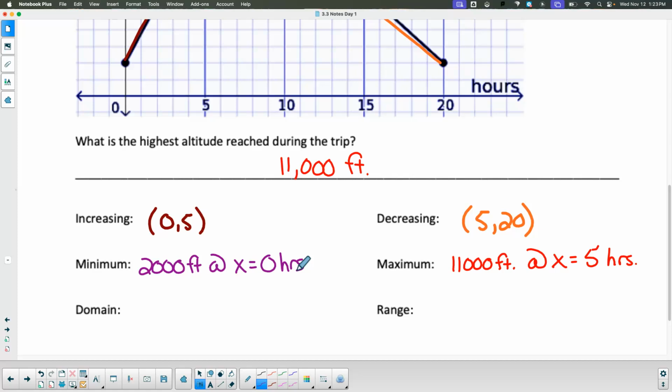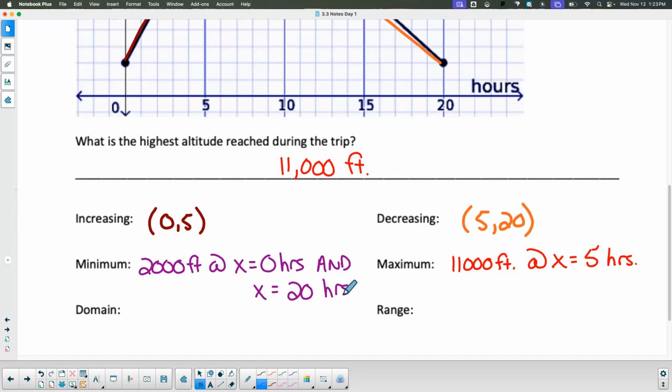Because it's both at both of them, it's 2,000 feet, which also makes sense because if you're going up a mountain, you're probably going to come back down to the same spot, right? Okay, so this would be 2,000 feet at x equals 20 hours. Okay.